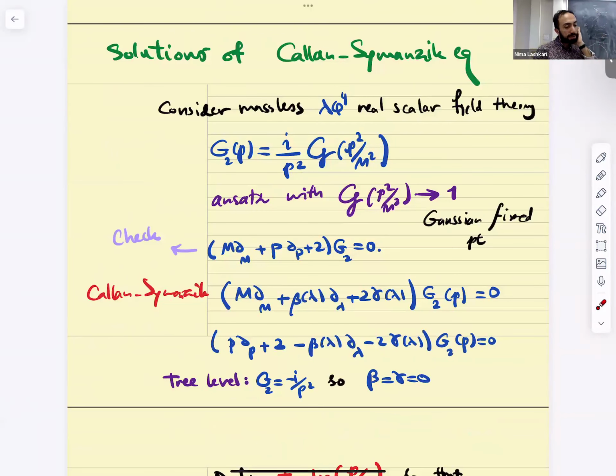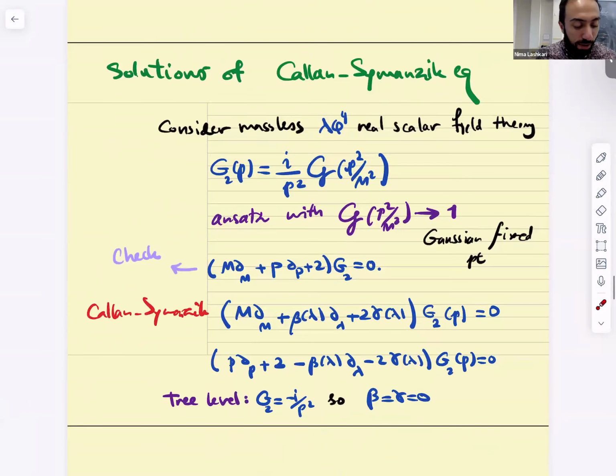Solutions of the Callan-Symanzik equation. So far we just argued for Callan-Symanzik. Now I want to talk about the solutions of the Callan-Symanzik equation. How many of you know the characteristic method for solving PDEs? You know it off the top of your head. I do not, so I'll walk you through it.